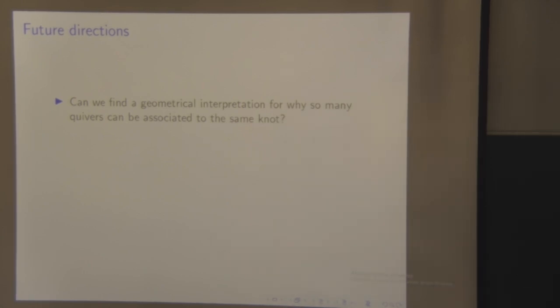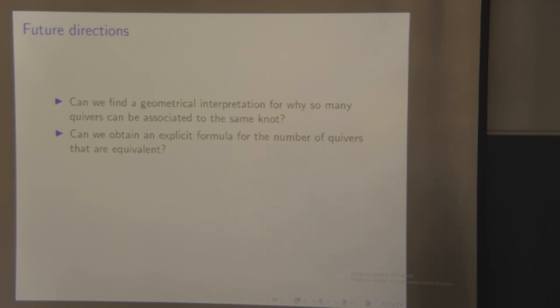So where do we want to go from here? One question I personally would like to understand is what is the geometrical interpretation of a quiver associated to a knot? Can we read it from a knot diagram or from the knot complement? Can we have an explicit formula for the number of equivalent quivers?